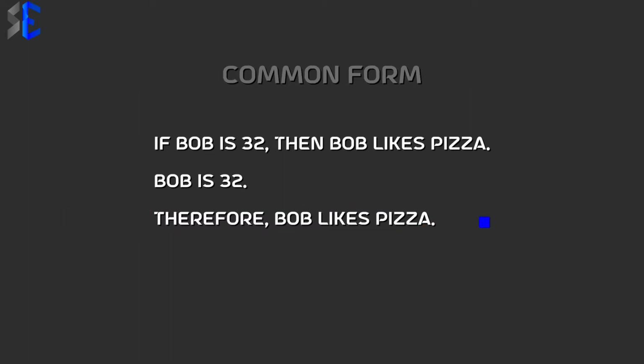So there's a thing called common form, which is basically trying to take this down into a kind of generalized example. So basically what you do is you replace the statements, so like this statement and this statement.